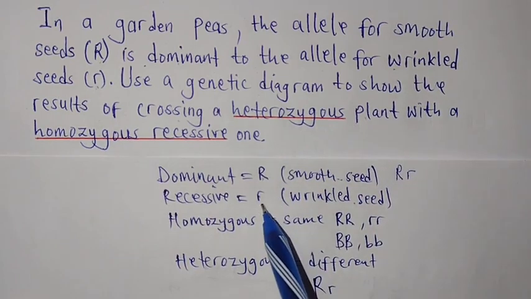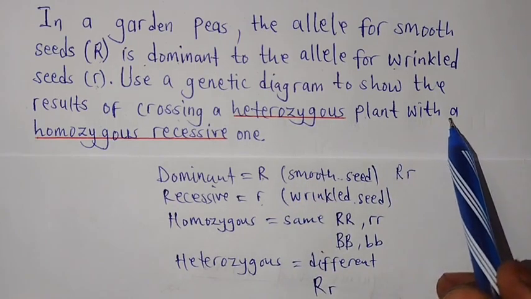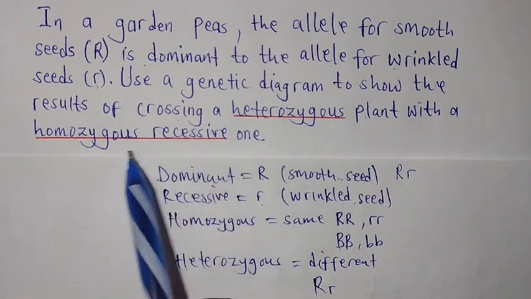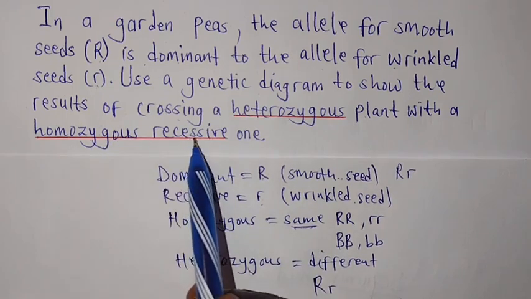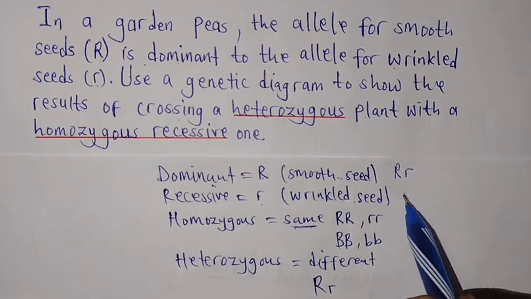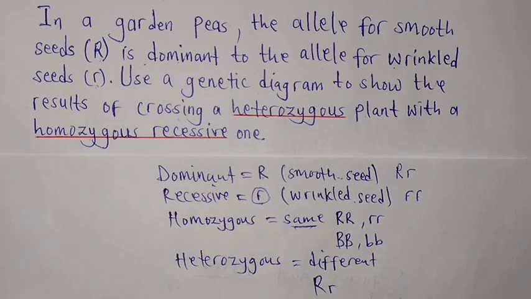We use these for the genotype. Then this one is crossed with a homozygous recessive. Homo means same, and since it is recessive, we are going to use small letter r for this one.